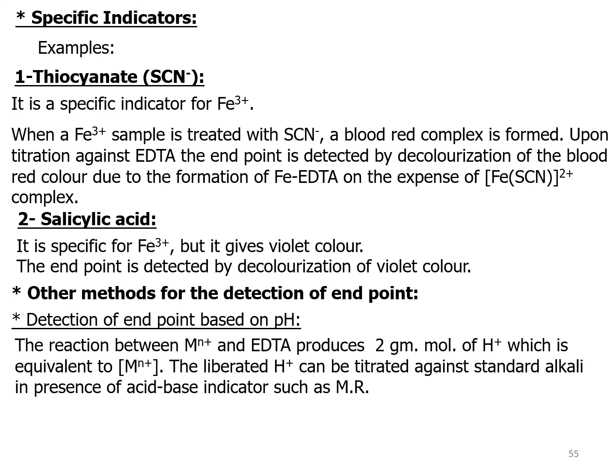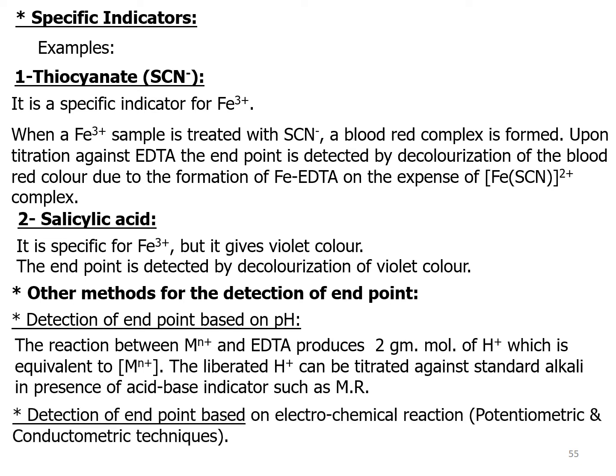So, we can titrate the hydrogen liberated against standard alkali in presence of an acid-base indicator such as methyl red, and this will be equivalent to the concentration of the metal. Another way to detect the endpoint is to use electrochemical techniques, potentiometric and conductometric, which you will study thoroughly in the instrumental part, I think next year or something like that.